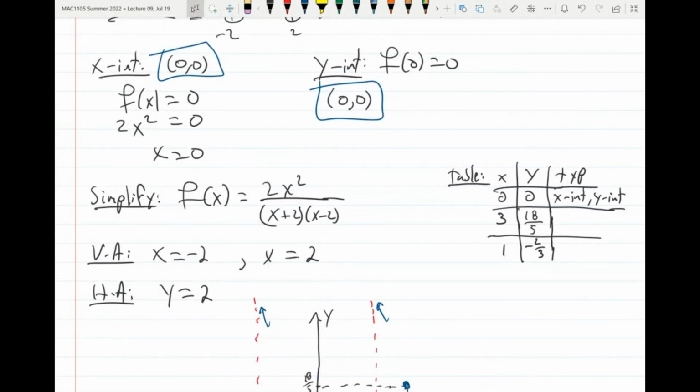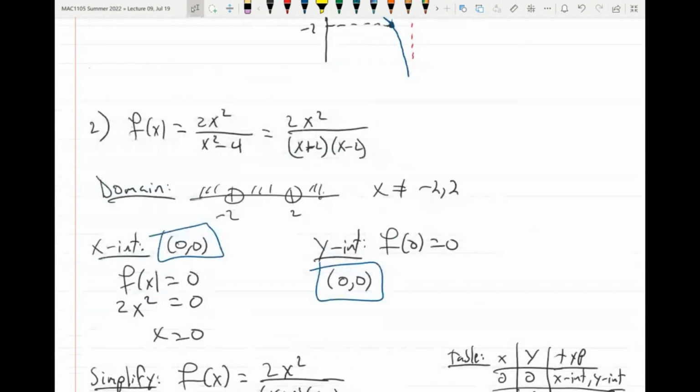Actually, there was something that I didn't tell you, but it's always helpful when you're graphing. You should look for symmetry. If the function is symmetric, then you will get a bunch of points for free. For example, this function is symmetric. Notice that this is an even function. If you plug in -x, the only x that show up, they are squared. So when you plug in -x, the negative is gone, right?